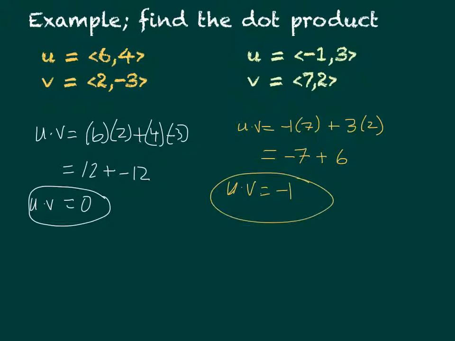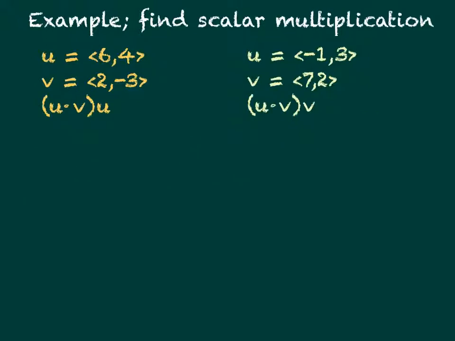All right, in these next examples, we want to find scalar multiplication. So we have already found the dot product, which is the first part. So find the dot product and then multiply it times the vector. So we know that u dot v is 0 from our previous work, times our vector u. So we have 0 times vector u, which is 6, 4.